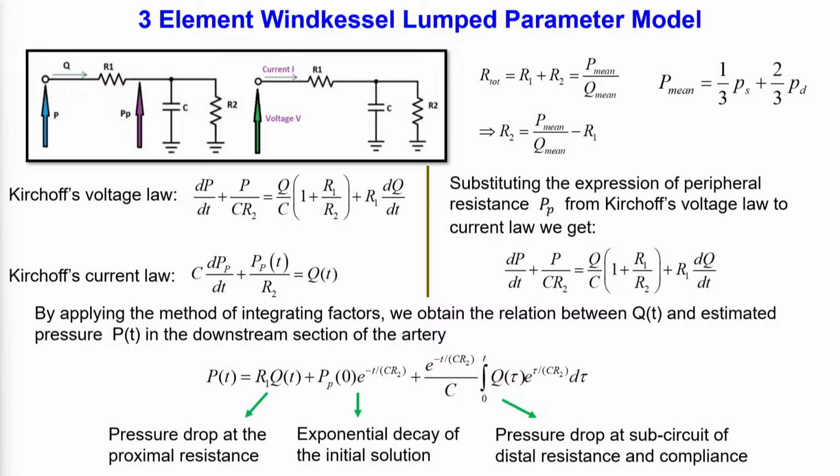Then you do all the algebraic manipulation and you get a differential equation, of the form dy/dx plus Py equals Q, so you can use an integrating factor to get an expression for pressure versus time, where the parameters are R1, R2 and C. Your objective is to make this pressure versus time match what is measured from the person, and accordingly fix R1, R2 and C by the method I talked about.